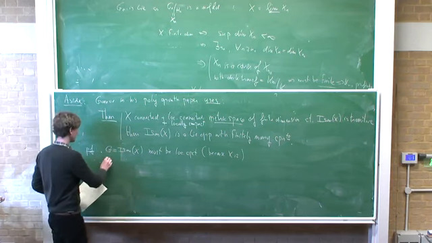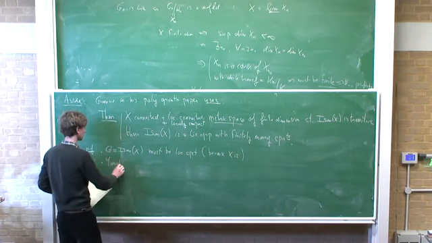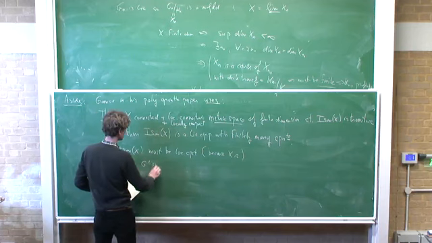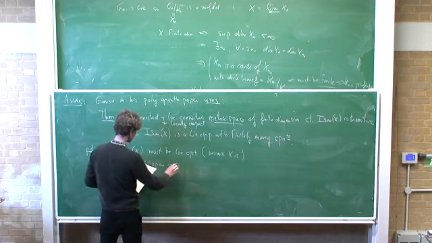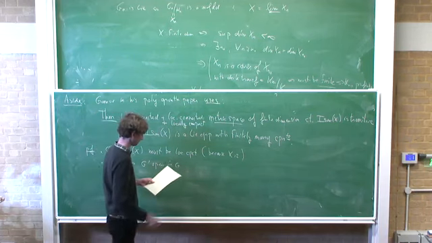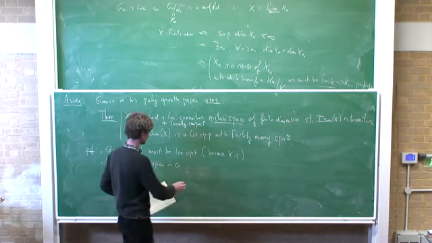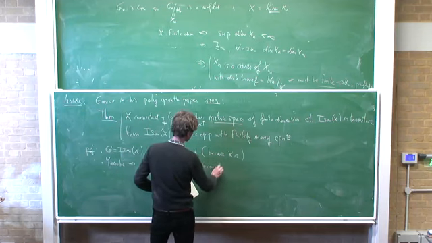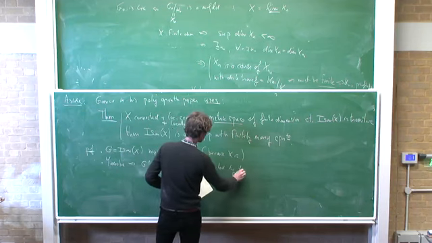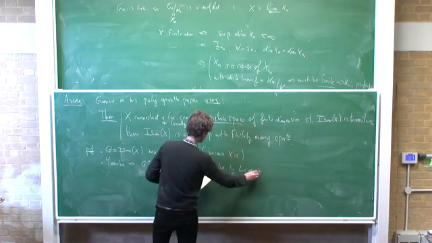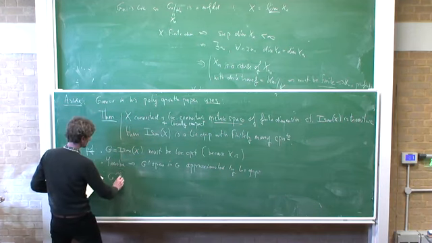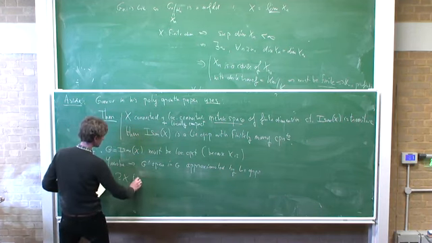So then you can apply Yamabe, and you get G prime open in G, which is approximated by Lie groups. And then you say, okay, so G acts on X transitively.